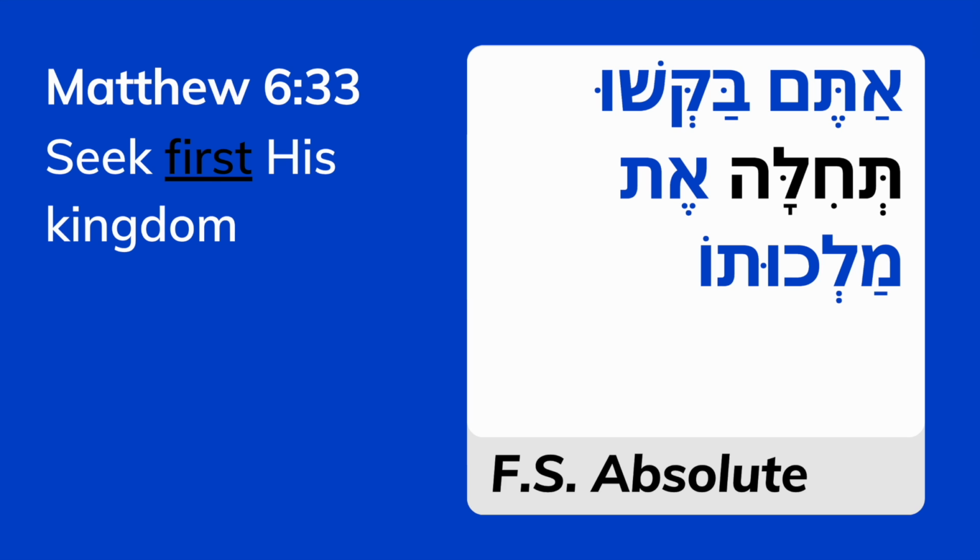Seek first. Here, tchila is functioning adverbially. It doesn't mean beginning so much, but you can see the connection between the concept of the beginning of something and the adverb first. So, atem bakshu tchila et malchuto: seek first his kingdom.